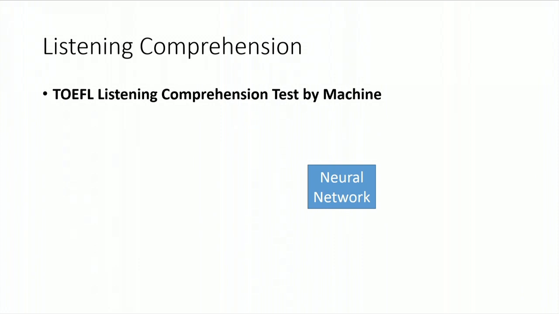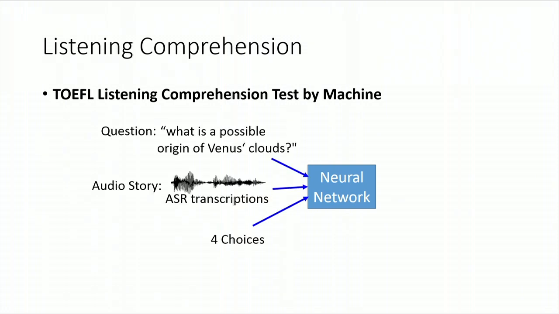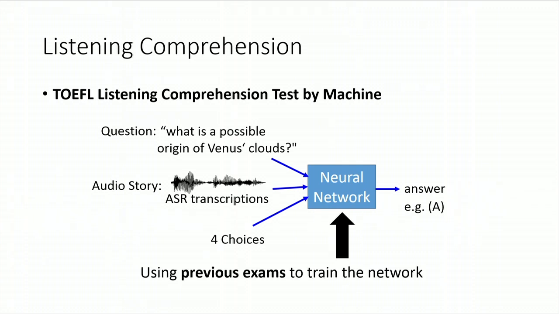In TOEFL listening comprehension, the input is a question, an audio story, and the choices, and the output is the answer. To learn this kind of network, of course, you need training data. There are previous exams you can collect from the internet, so you can use them to train a neural network for the TOEFL listening comprehension test.